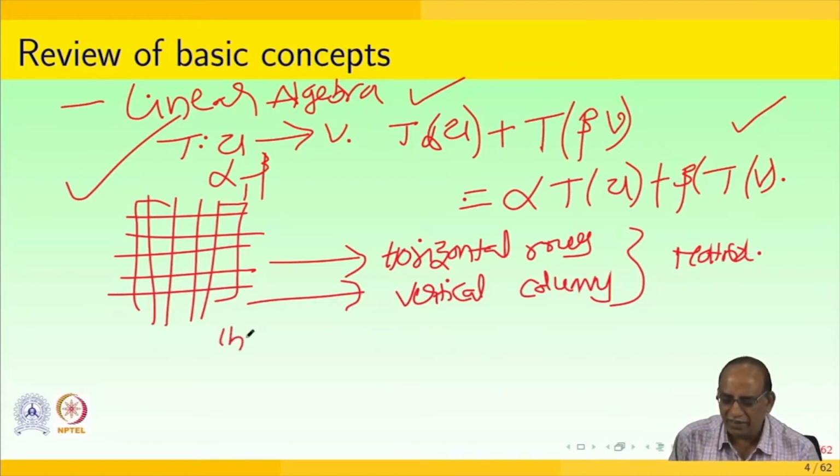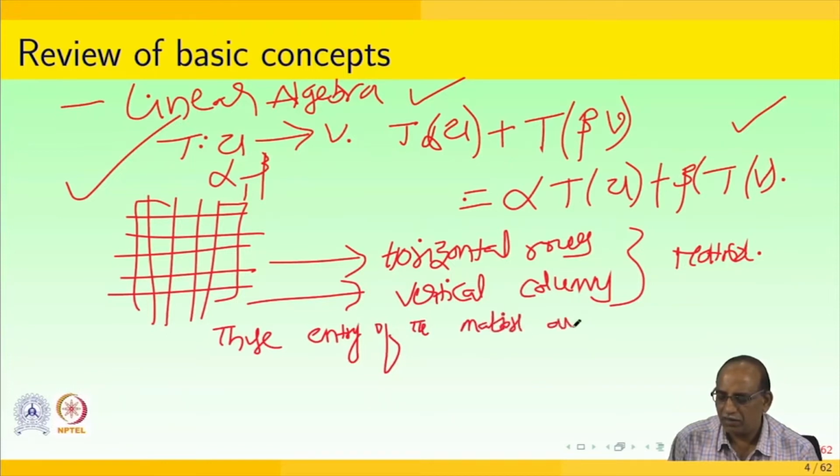And the entries of this matrix are floating point numbers.